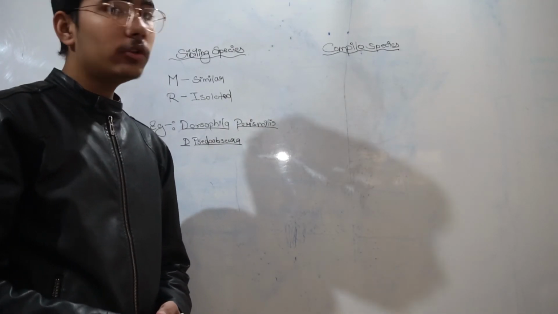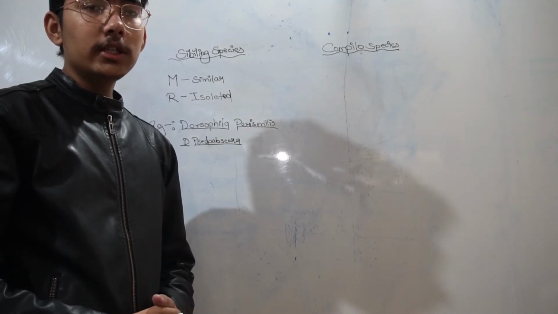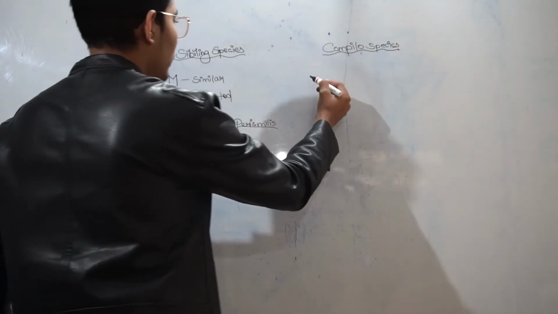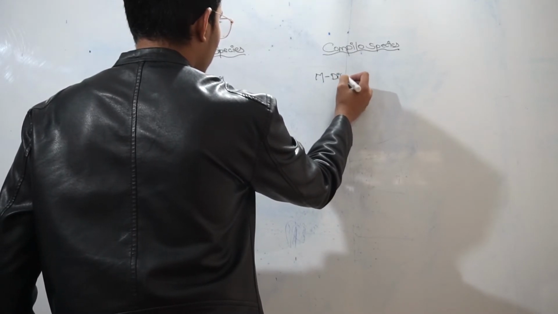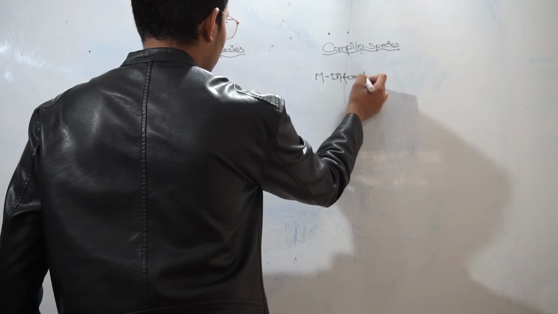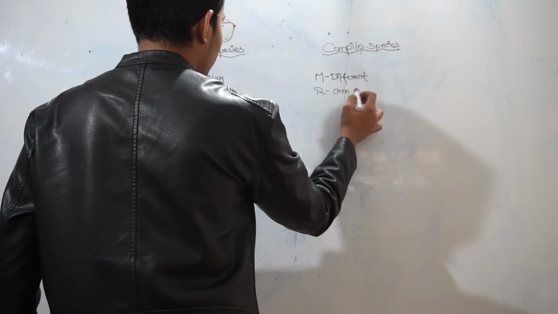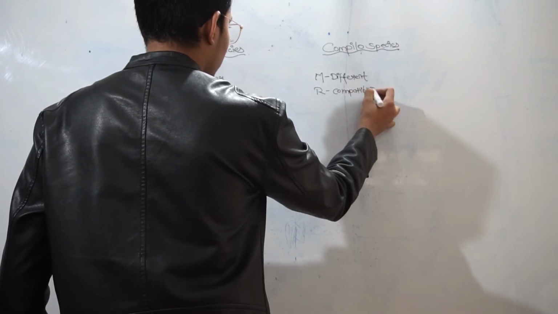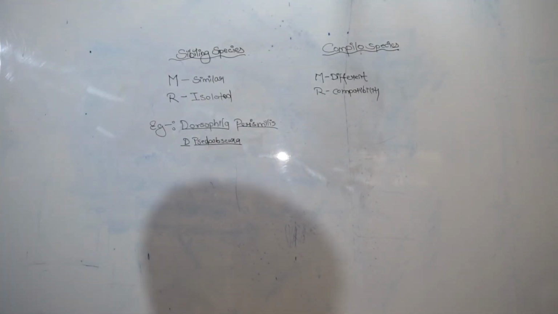Compilospecies are those which are morphologically different, but compatibility is present in reproduction, and I am citing one example here.